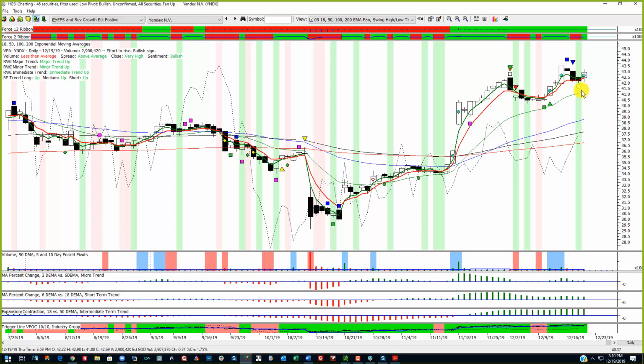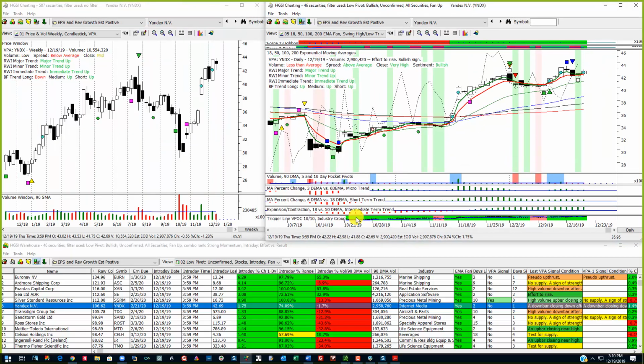So it is in an uptrend, and the group has been going up too. So everything is positive on here. The only thing I don't like, like I said, is the lack of volume. But the VPA flag is an effort to rise here. Just one example of the pivots.